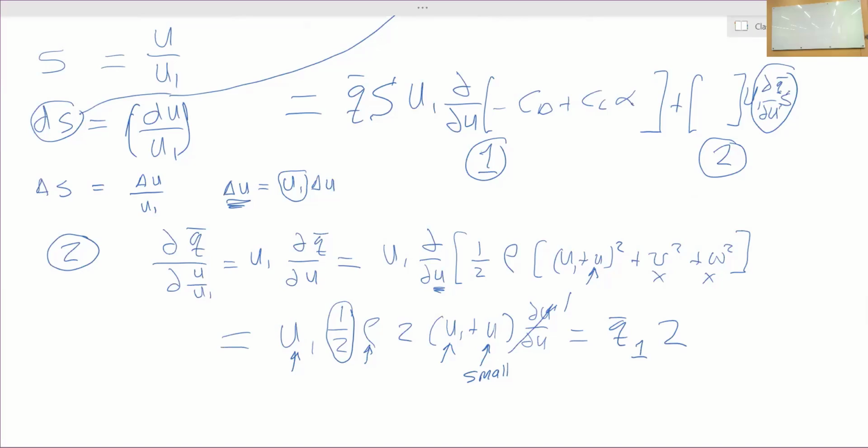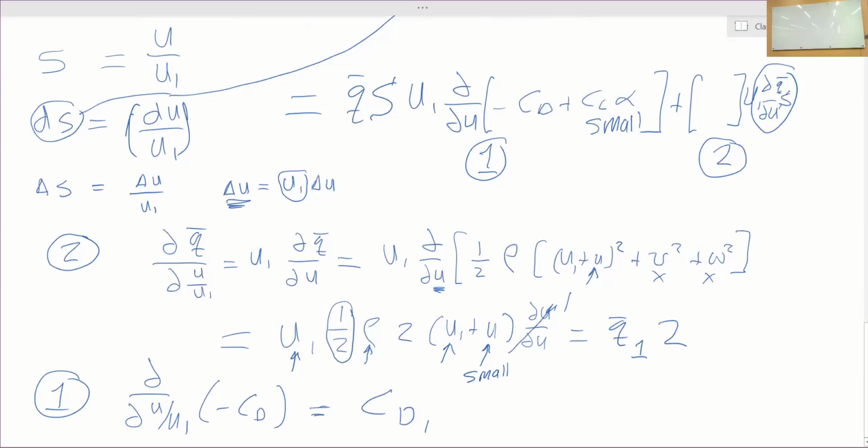And we're going to say that this is a small number because it's got alpha in it, and the derivative with respect to u of CL or alpha is going to be small. So really, part 1, which I said was easy, is super easy because we're just going to call this CDU.